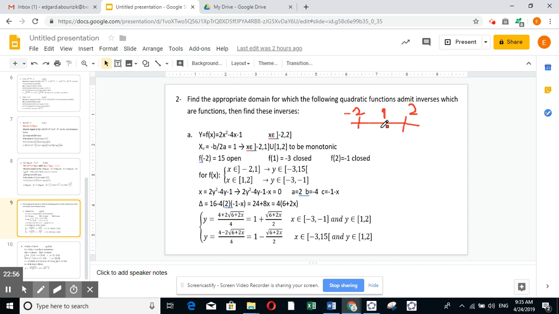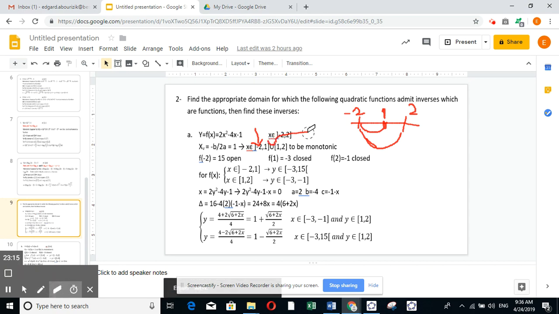Because this is the vertex, I take from minus 2 till 1 alone, because it will be decreasing, monotonic, and then from 1 till 2. So I split it into 2, and each one has an inverse. I want to find the inverse of this one and of that one.